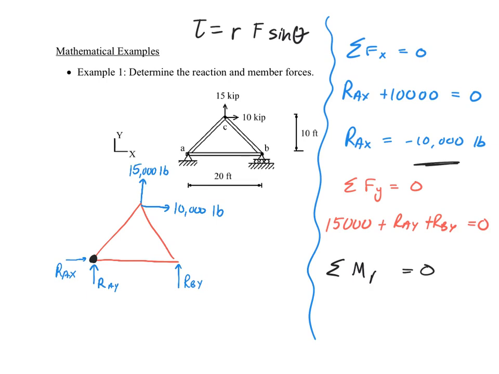So I'm going to take the sum of the moments about location A. We have to think about all of the forces acting on this bridge and how far away they are. How far away is RBY from node A?